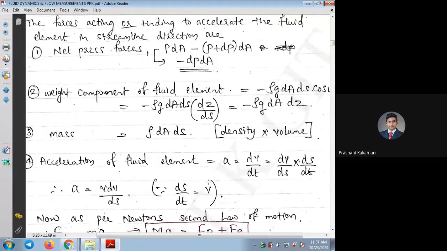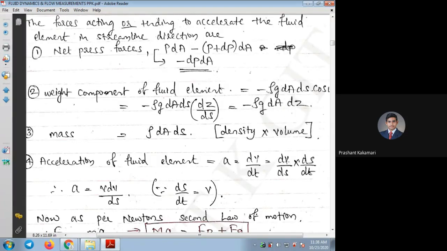Acceleration is the change of velocity with respect to change in time, that everyone knows, dv by dt. By chain rule, we can write it as dv by ds into ds by dt without changing any results of the differentiation.